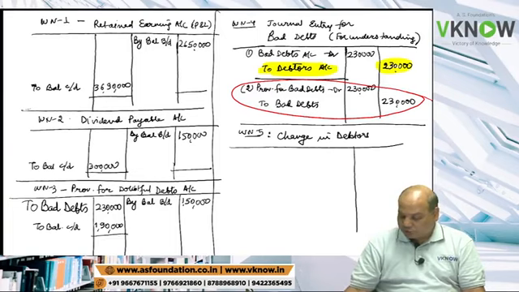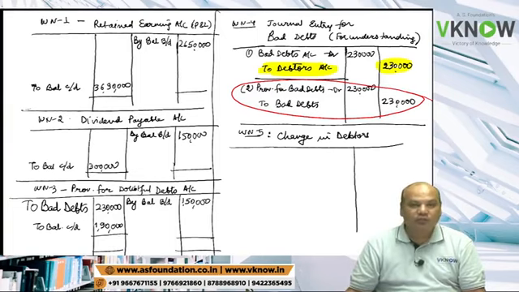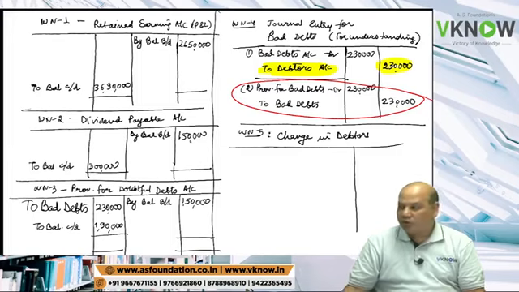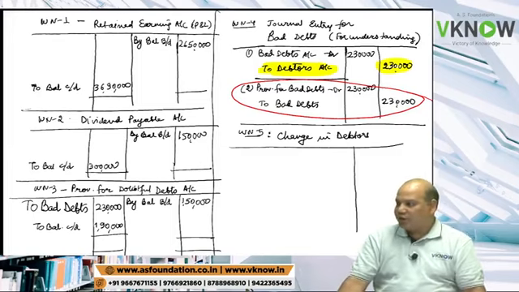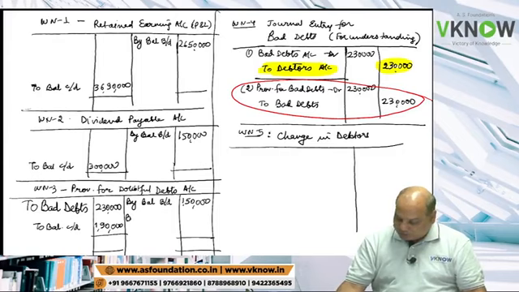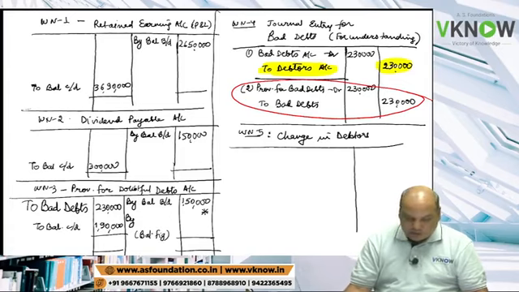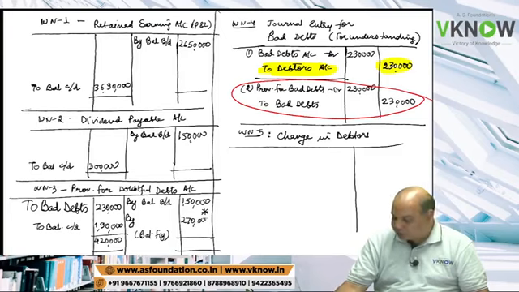What is the difference? On the credit side, by balancing figure, tell me the amount. First you take debit side total 4,20,000 minus 1,50,000. So this is 2,70,000.